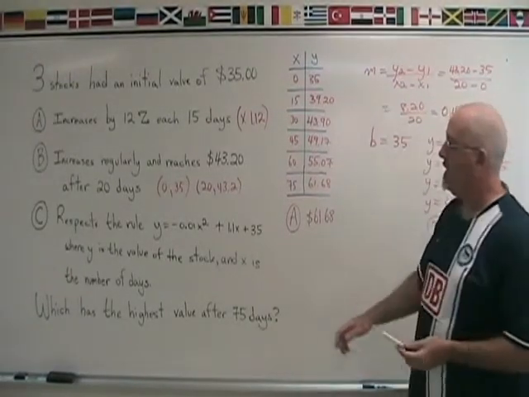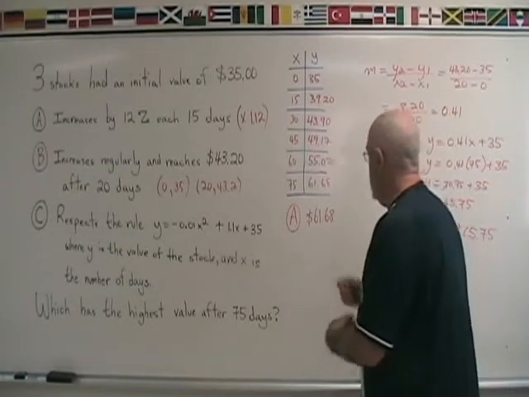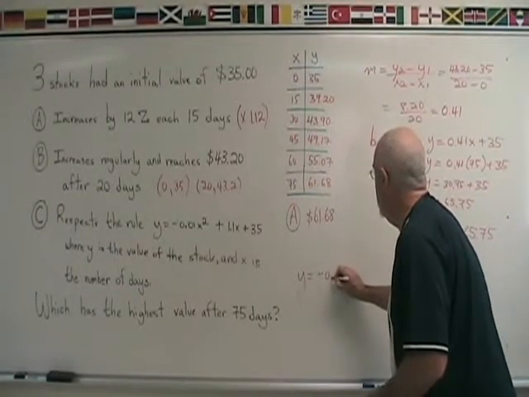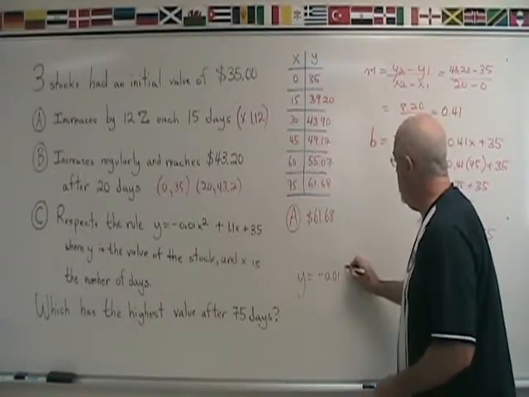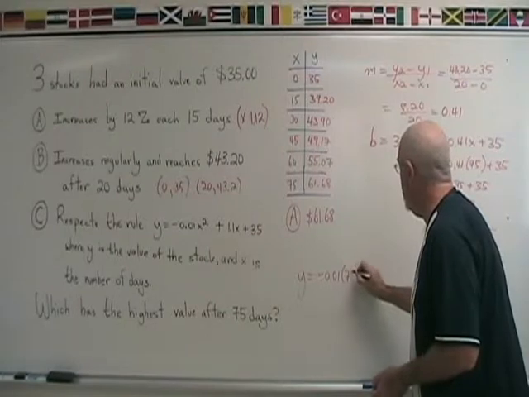Now we will work with stock C, which is our quadratic function. We were given the rule, so we will take the rule and we will replace our x with 75, the number of days for which we want the value.